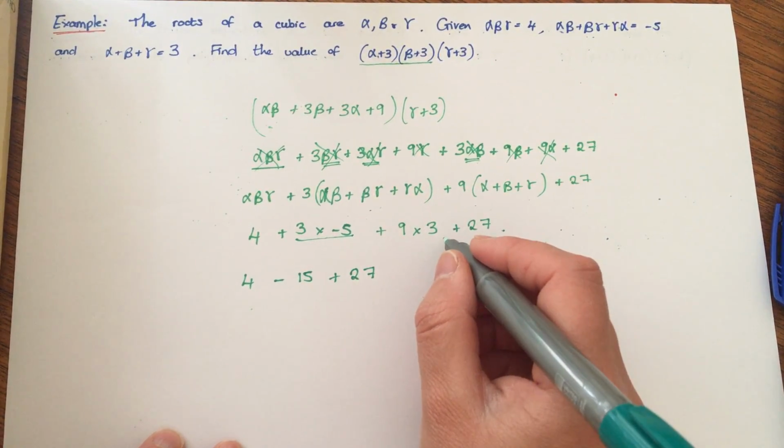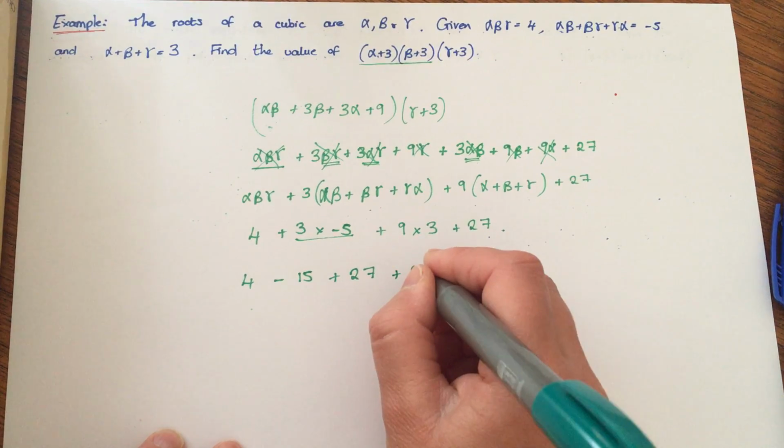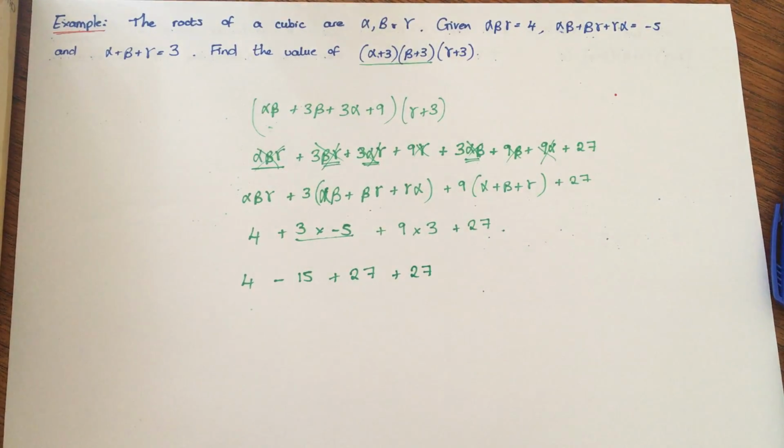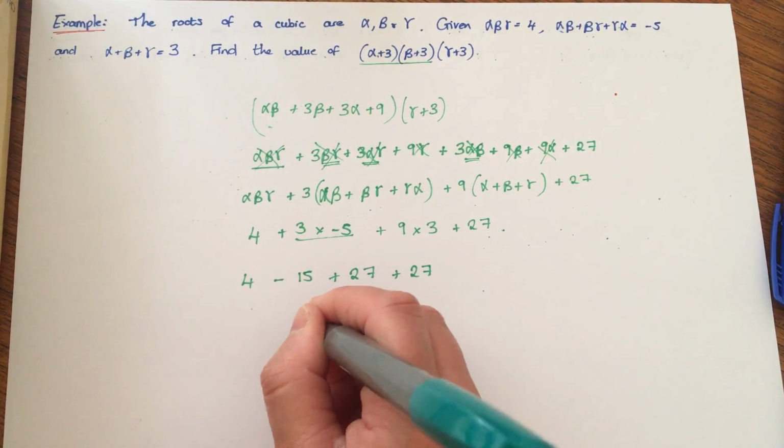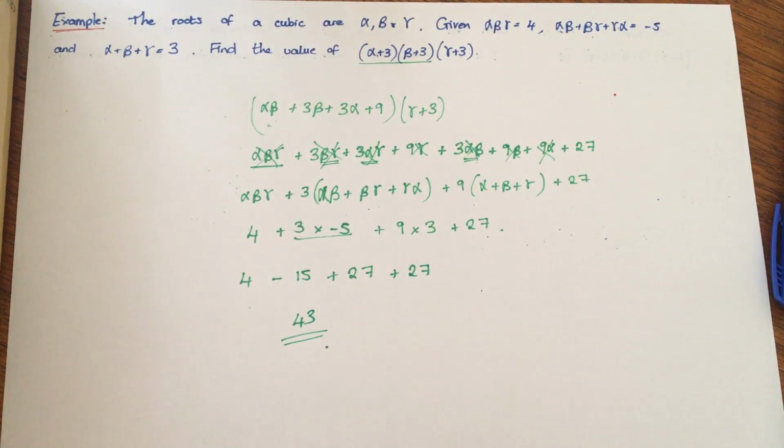What's that? 3? Oh yeah. Plus 27. And that's the end of our question. So what's that? 43. Okay, I don't think you'll need a lot of practice on that really. It's just knowing some rules and subbing in some new numbers. So I'm going to end that one there.